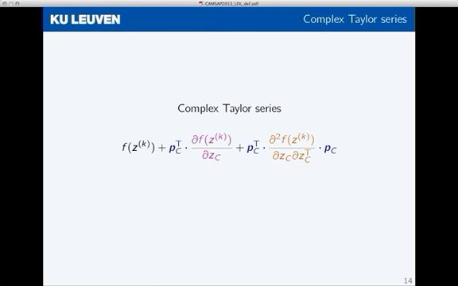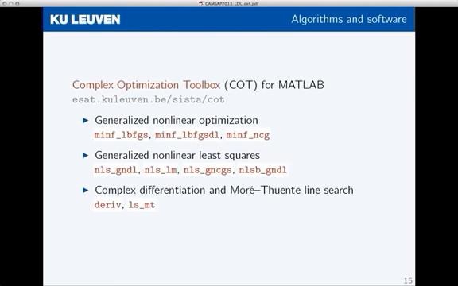And you can do the whole optimization in that framework. And that's actually the first step of the derivation of our numerical algorithms. We have rewritten the classical optimization routines like quasi-Newton and nonlinear least squares and Levenberg-Marquardt and all this stuff in that framework. And it's very convenient, so you can download it for free for academic research.